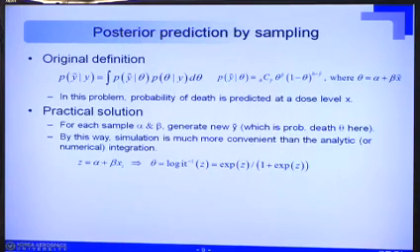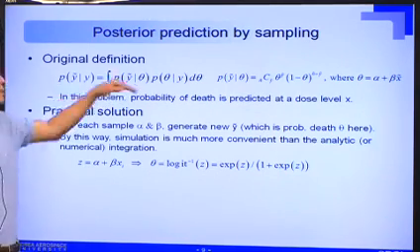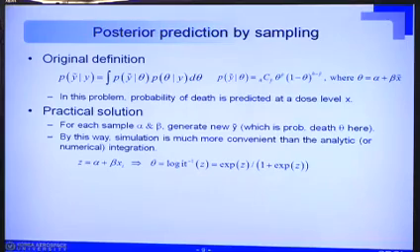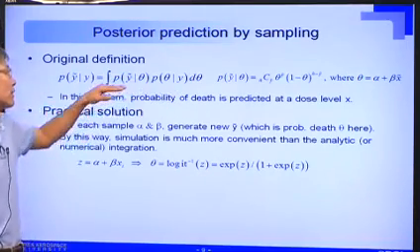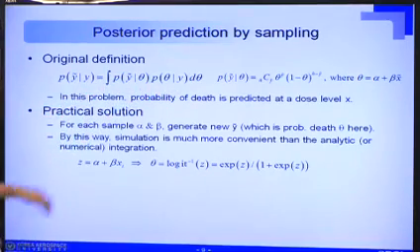Another one, posterior prediction can also be implemented very easily. The original definition always tells you this, and in terms of analytical expression, it is not easy. But in practice, once you have samples, that's quite easy.